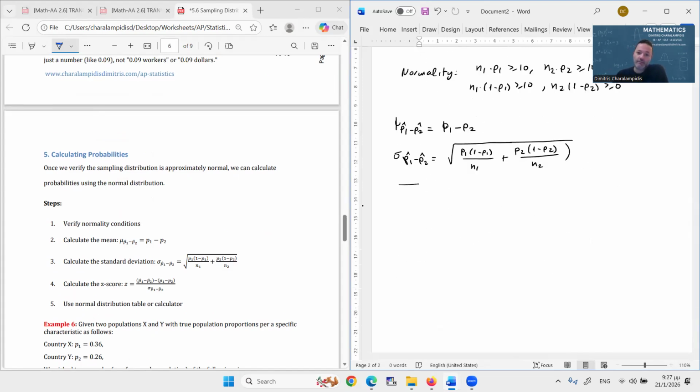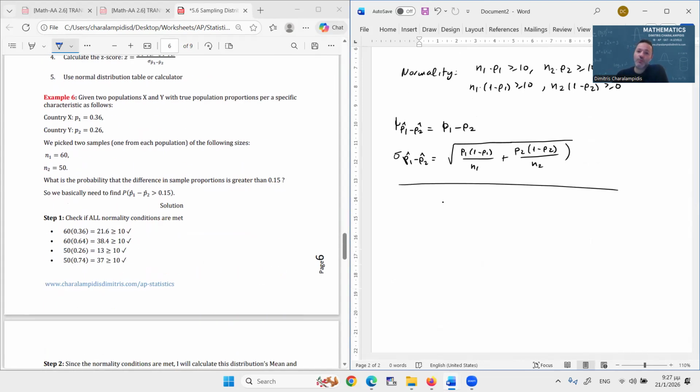We have two populations, population X and another population Y. For these two specific populations, I know the following: the true population proportion of a specific characteristic is, for population X, 0.36, that's the same as 36%, and for population Y, it's 0.26, which is of course 26%.